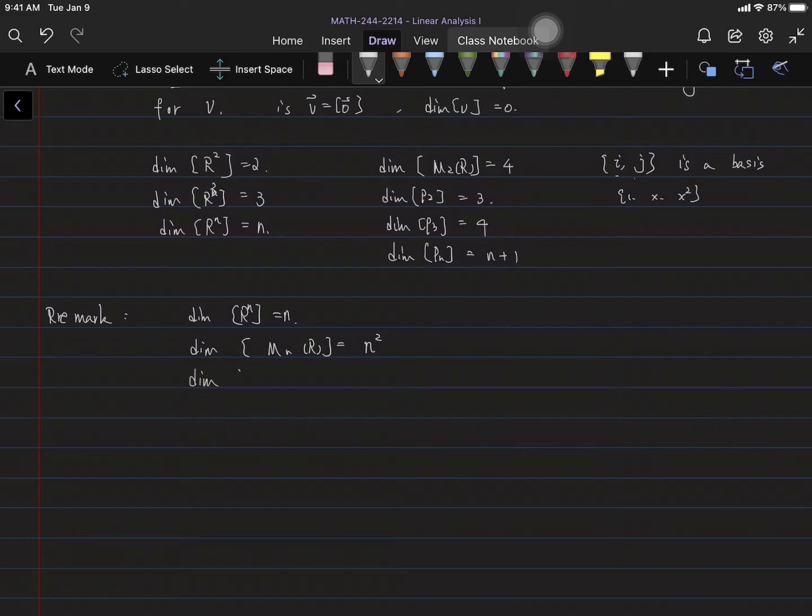And the dimension of an m by n matrix space is m times n, like m rows and n columns. And the dimension of Pn, all polynomials with degree up to n, is n plus 1. Okay, that's the dimension. Now let's take a look at example 2.